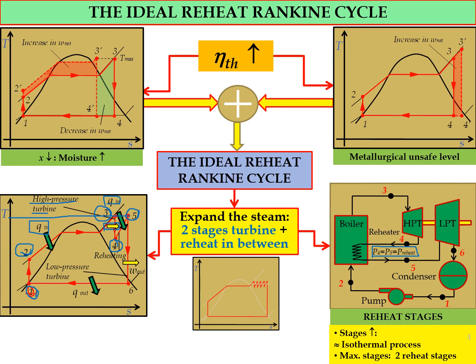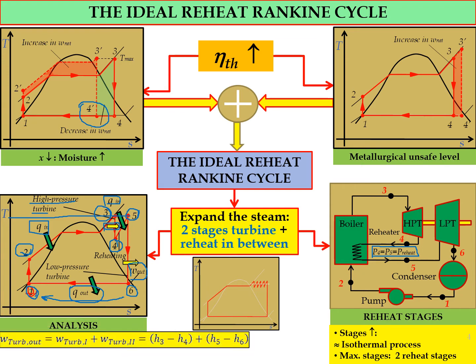From state 5 it goes into the low pressure turbine and generates work out, and the output is state 6, which is close to the saturated vapor line, so we have eliminated the problem of high moisture content. In the ideal reheat Rankine cycle, the moisture content is extremely low. From process 6 it goes into the condenser, and the output is state 1 with the Q out. The constant pressure heat rejection process is process 6 to 1.